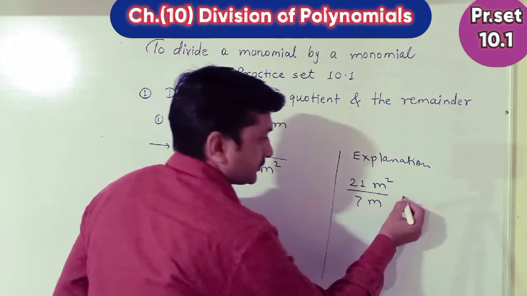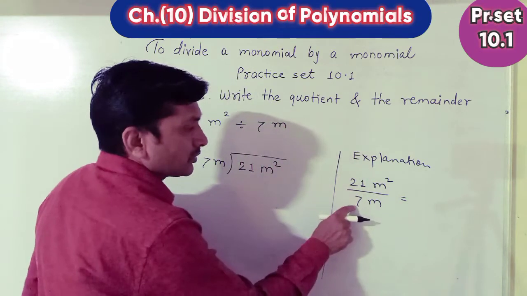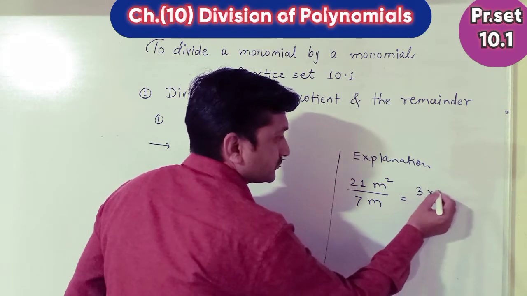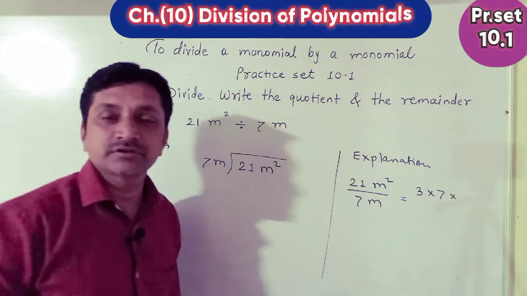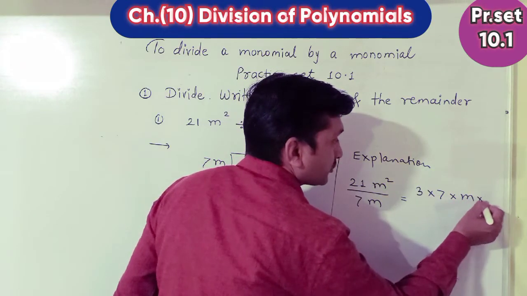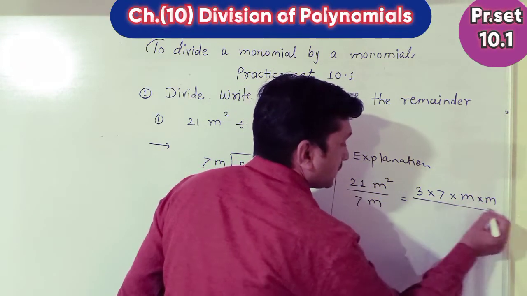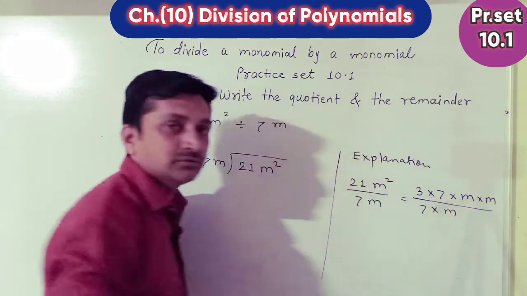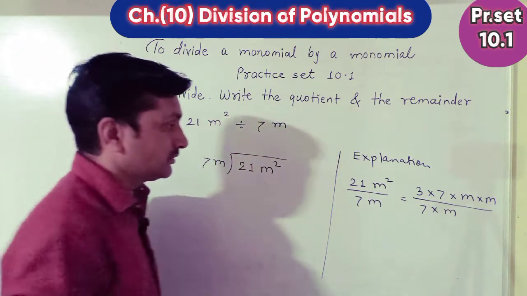Okay, now the easy method is equal to. Now here we can factorize 21 as 3 sevens are 21. Correct? And m square we can write in product form as m into m upon 7m. 7 is prime and m is a single variable, m as it is.